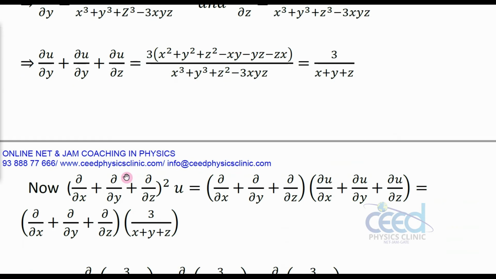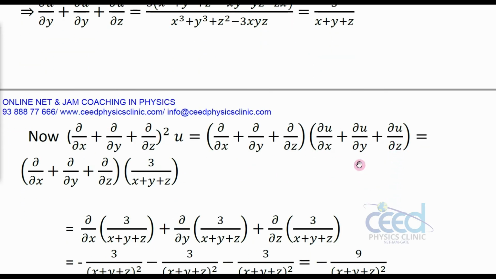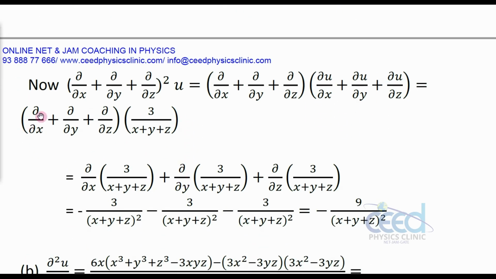Now I want to find (dou by dou x plus dou by dou y plus dou by dou z) whole square into u. So again write this two times: this into dou by dou x, dou by dou y, dou by dou z, and the same quantity acts on u, that is dou u by dou x, dou u by dou y, dou u by dou z. This we got as 3 by x plus y plus z. Now if I am doing dou by dou x with this 3 by x plus y plus z, 1 by x on differentiation gives minus 1 by x square.